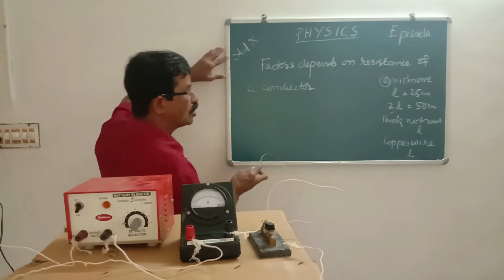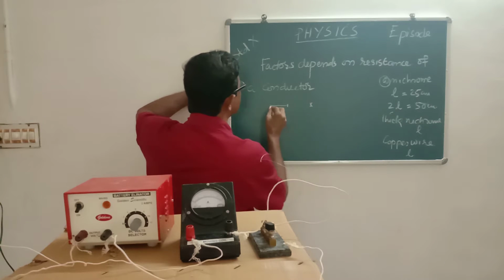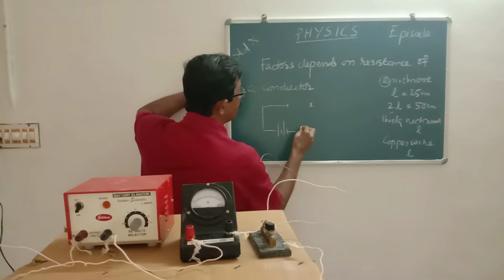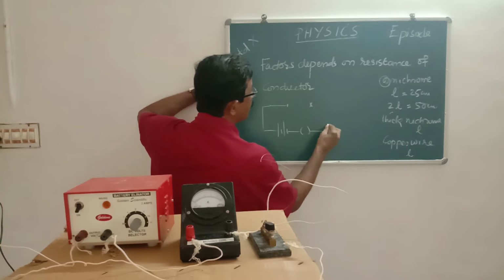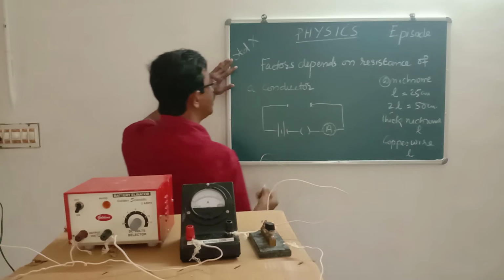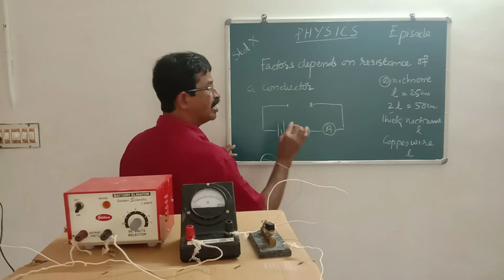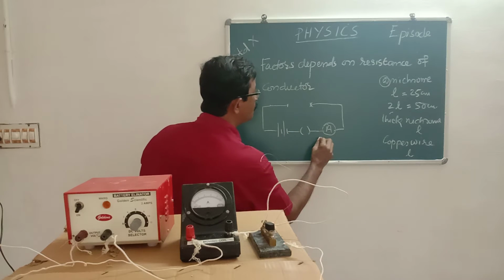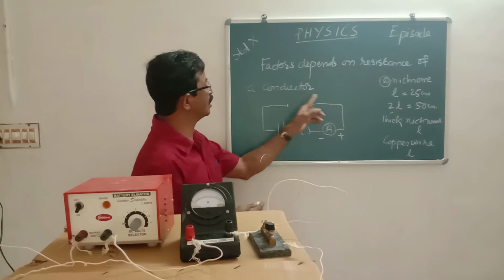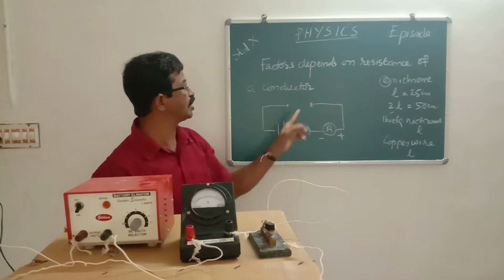Now the circuit which we made: we connect this, then the battery, then the switch, then the ammeter, in this way. Positive is connected to positive and negative to negative. The circuit which we require for the activity is this one.